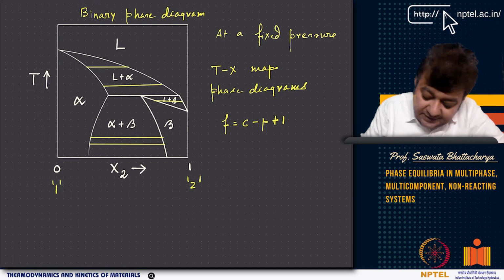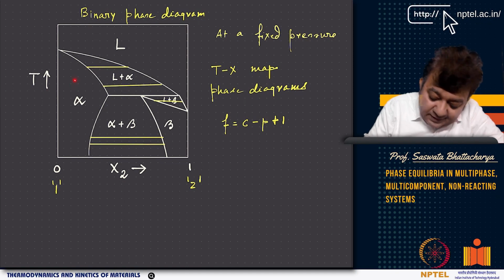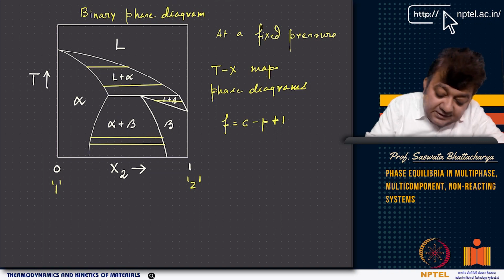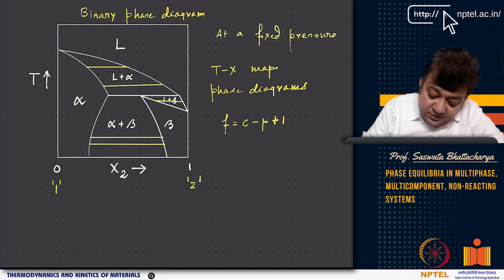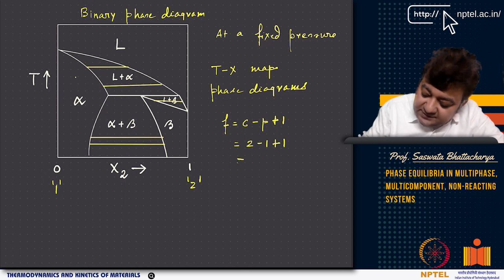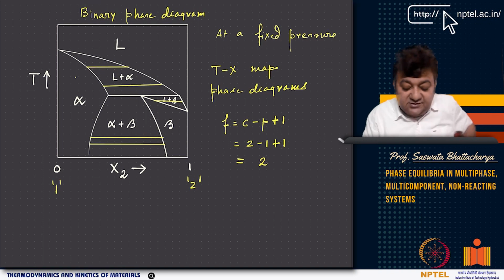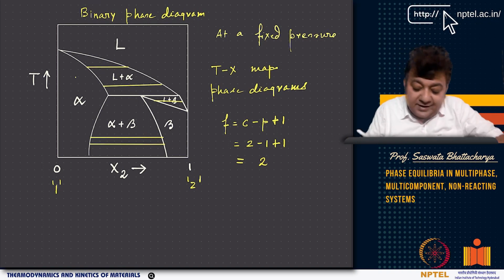Now if you look at that, you have different regions. Say I take some point here in the alpha region. If I apply this phase rule there, I get 2 minus 1 plus 1, which is 2. So the degrees of freedom I find is 2. Why is that so?